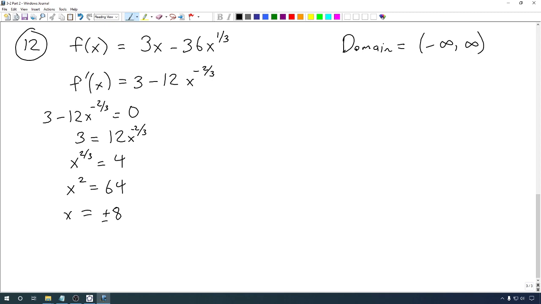But we're not quite done, because this derivative actually doesn't exist at a point. At x equals 0, because x to the minus 2/3 is actually a fraction, remember this is 1 over x to the 2/3 power, this expression doesn't exist at x equals 0.